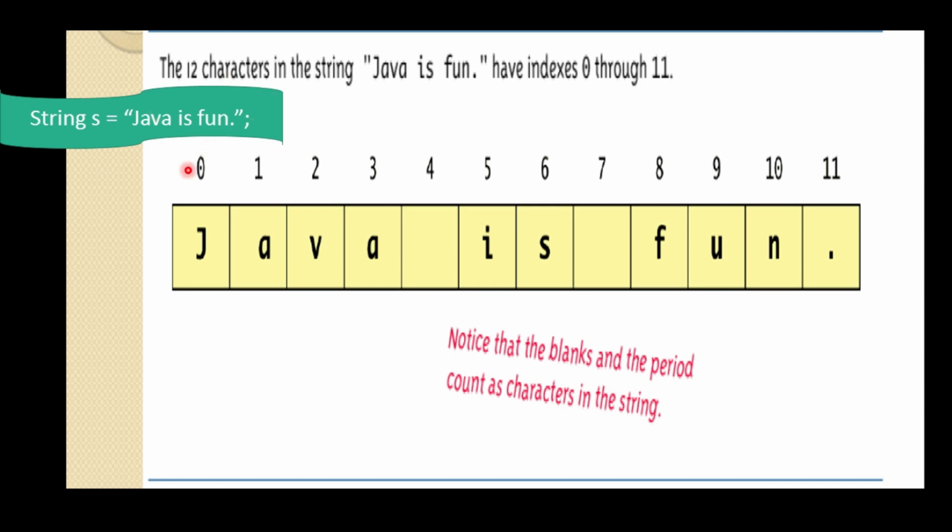That's why the index position runs from 0 to 11. The total number of characters is 12, but the index position always starts from 0. That's why the last index position is the total number of characters minus 1, that is 11.